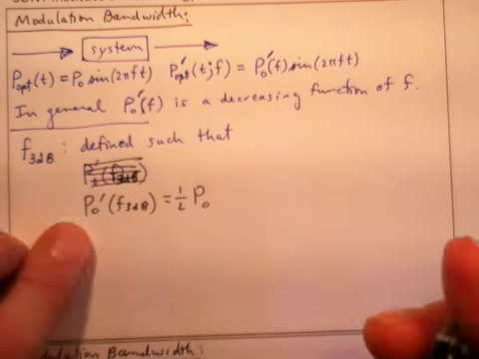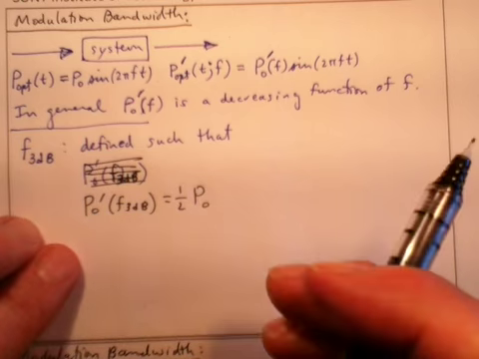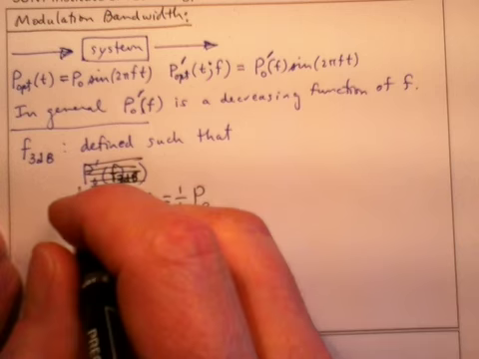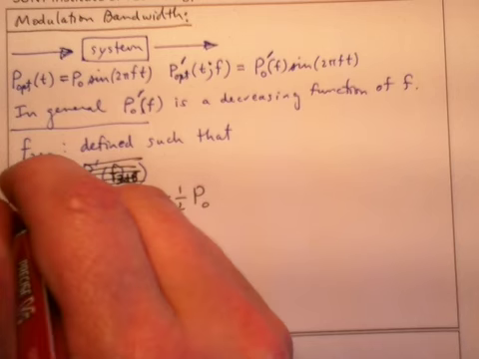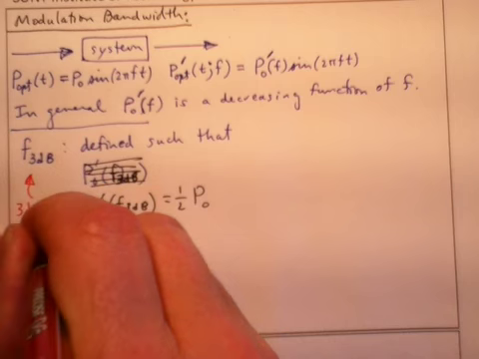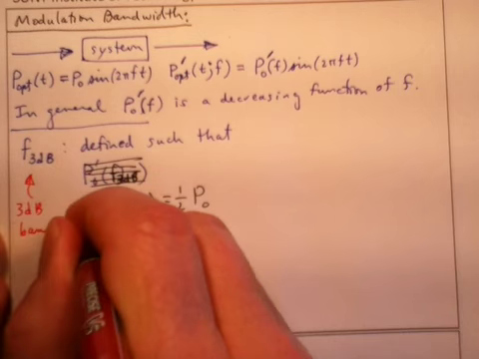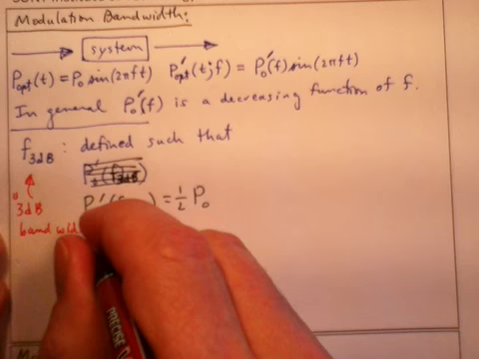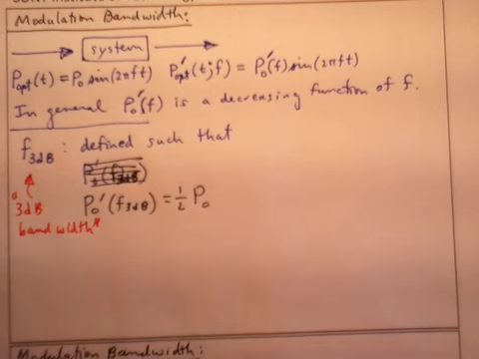Okay, so that's how it's defined, and we call this the 3 dB bandwidth. We could call it a 3 dB frequency, but it's typically called a 3 dB bandwidth.